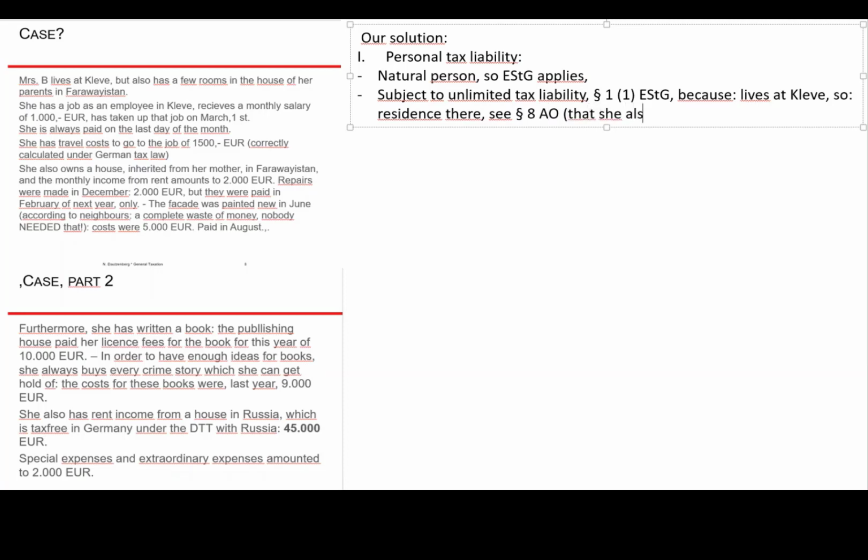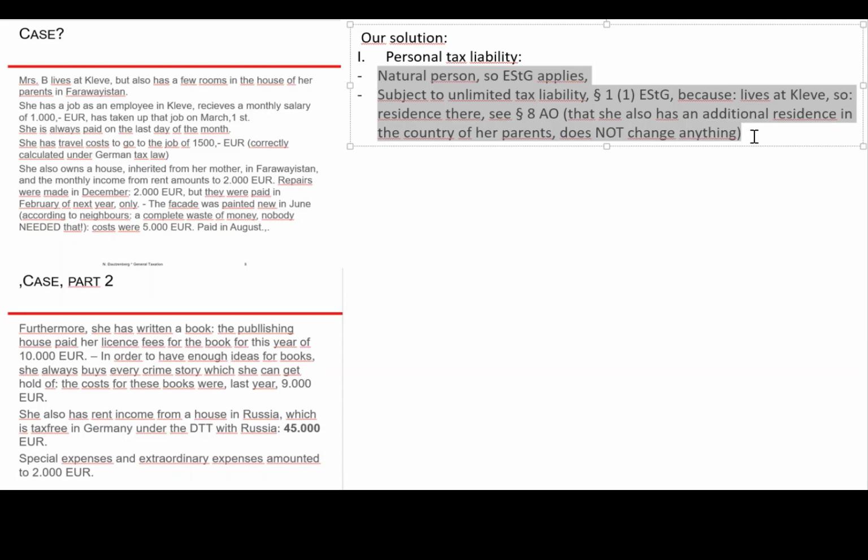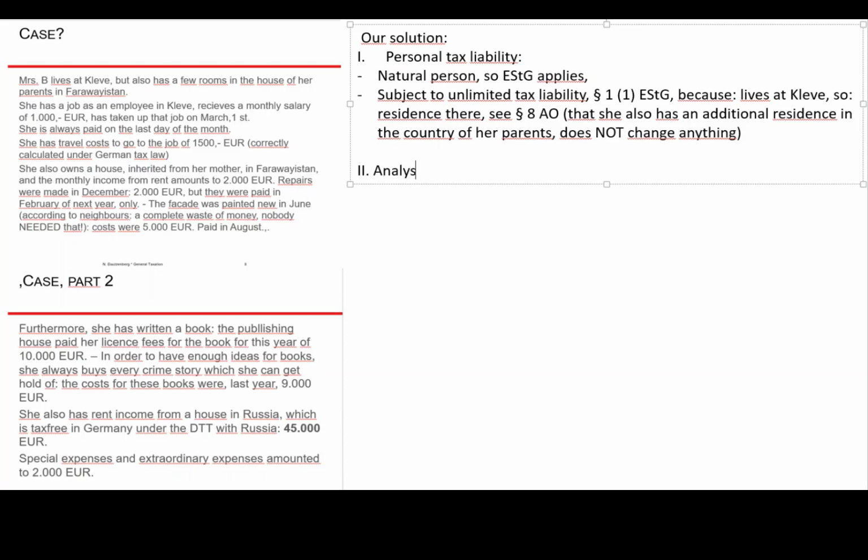That she also has an additional residence in the country of her parents does not change anything to that, because naturally one residence in the inland is sufficient.